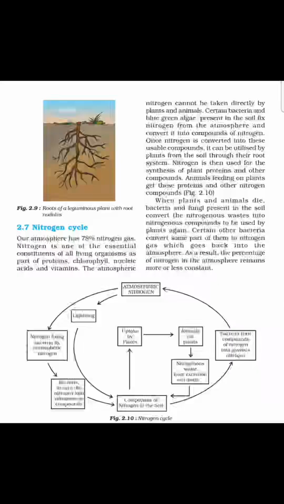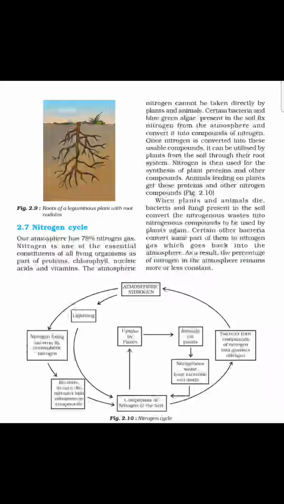Once fixed, nitrogen exists as various compounds like nitrates in the soil. Next, uptake by plants. Plants absorb these nitrogen compounds from the soil through their root system. This is how nitrogen enters the food chain.